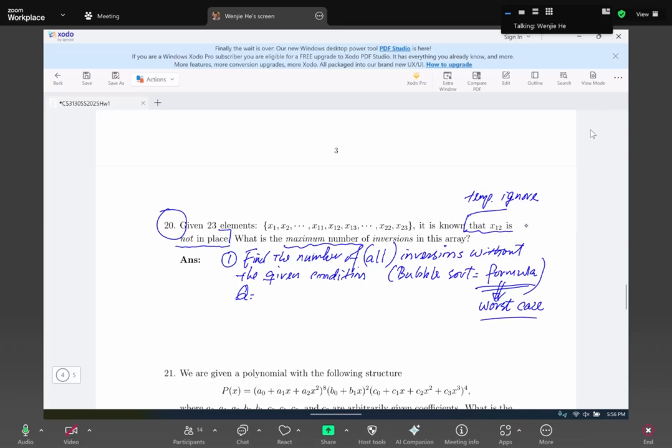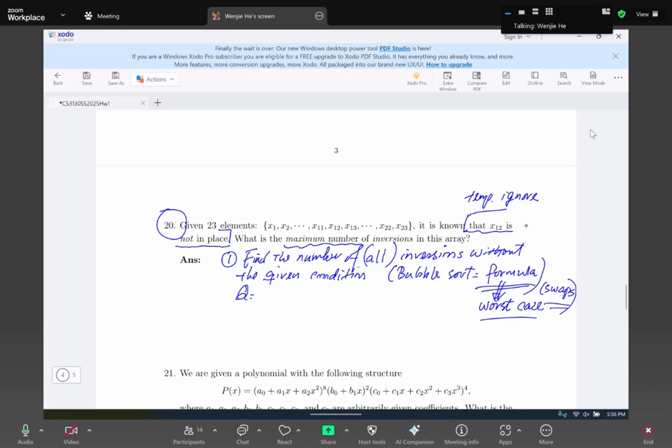Remember, when you have an inversion, you need to do a swap operation. So the more swap operations you do, the slower, right? So that's why it's the worst case. So for the number of swaps, you need that formula.